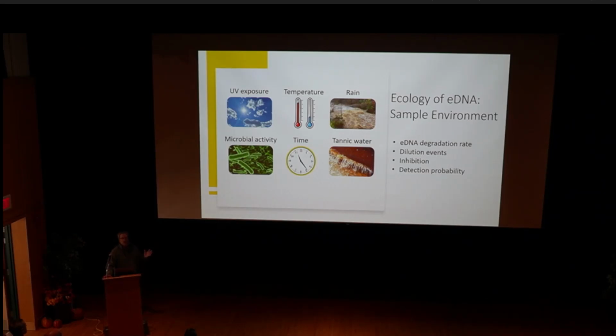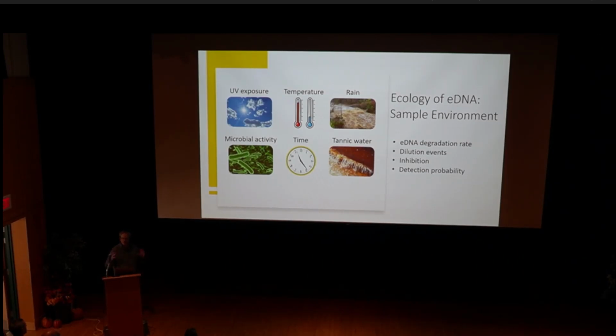Chemistry can affect inhibition. Certain chemistries of water can affect our assays in the lab. They don't perform as well because there's something that was co-purified in it. So all of these things can begin to accumulate and affect your overall detection probability of that organism.